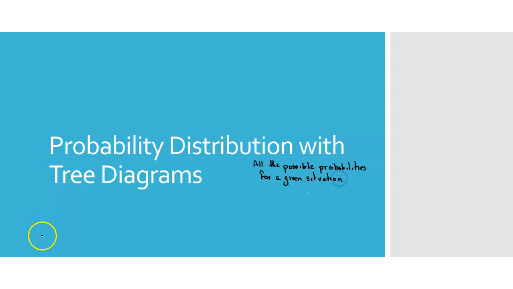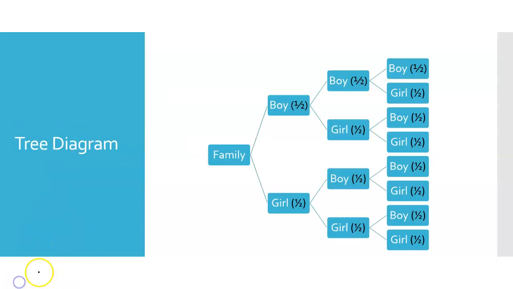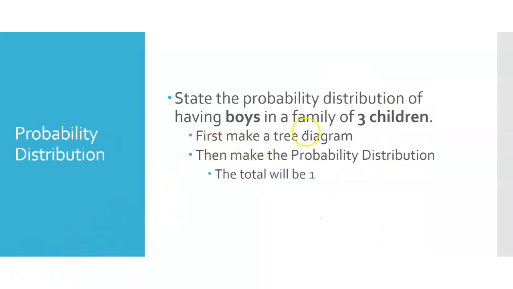So let's look at a situation where we want to state the probability distribution of having boys in a family of 3 children.